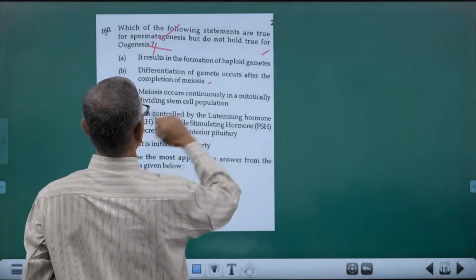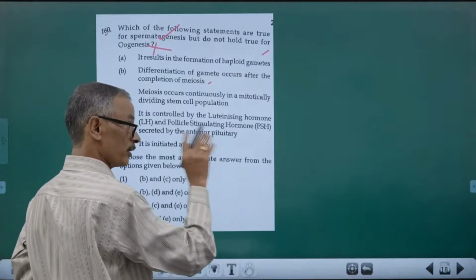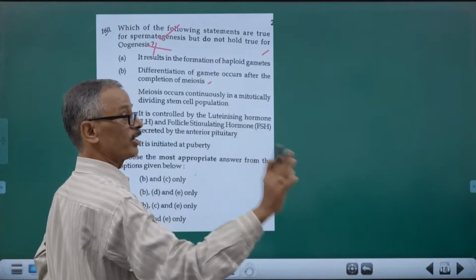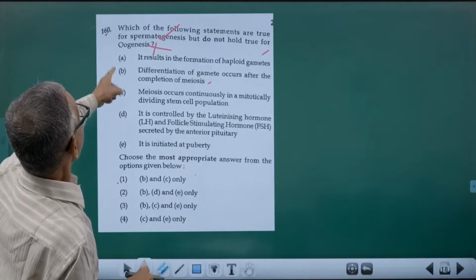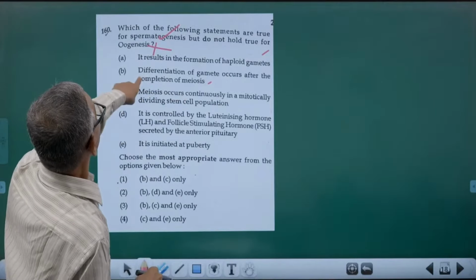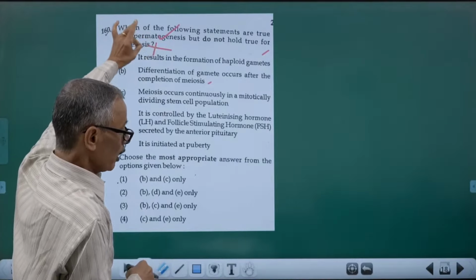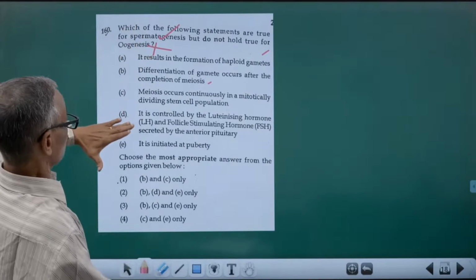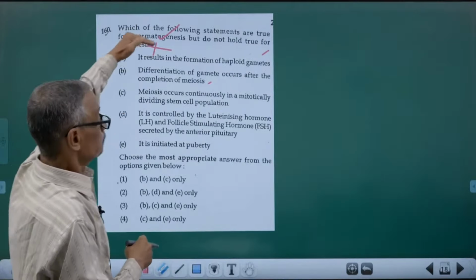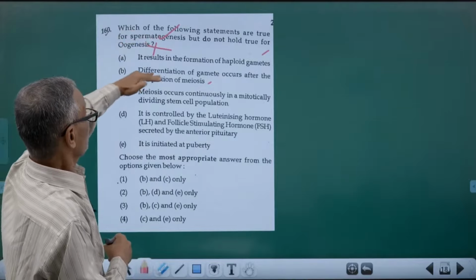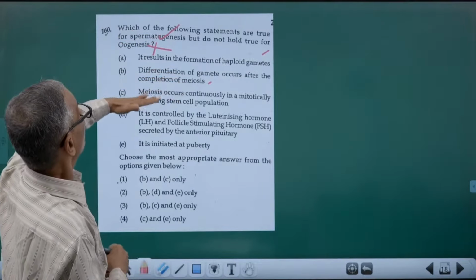Whereas in oogenesis, immediately after meiosis, it is ready for fertilization. So, differentiation of gamete occurs after completion of meiosis. It is applicable only for male gametogenesis, because only in them you will be having the second stage, that is differentiation, spermateleosis or spermiogenesis.